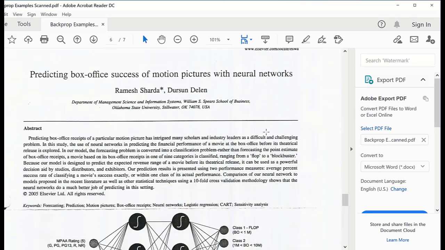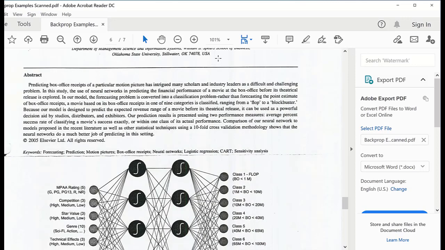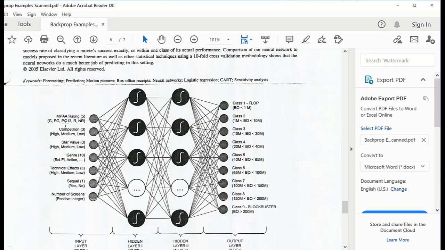Here's another fun application, predicting the box office success of motion pictures with neural nets. These guys said, hey, let's look at the PG-13 rating, send that in, look at what other movies in production are going to compete with it, what's the star value?